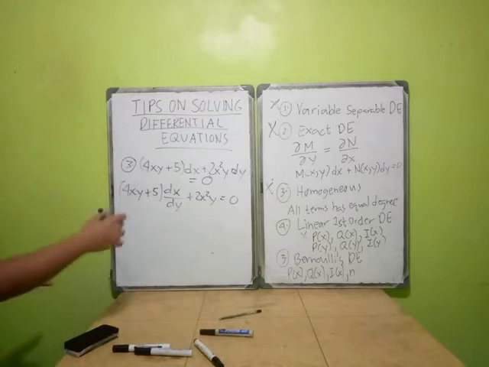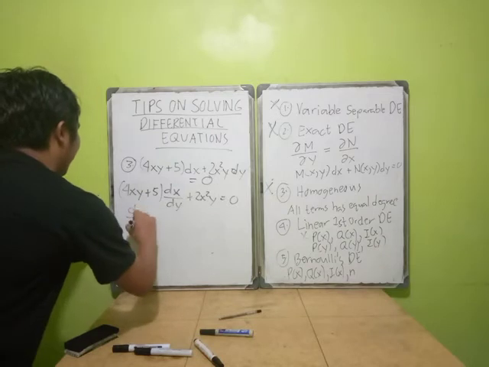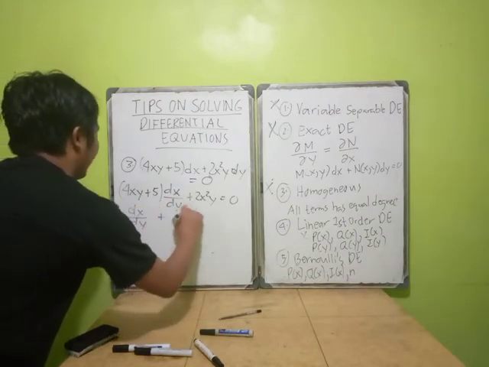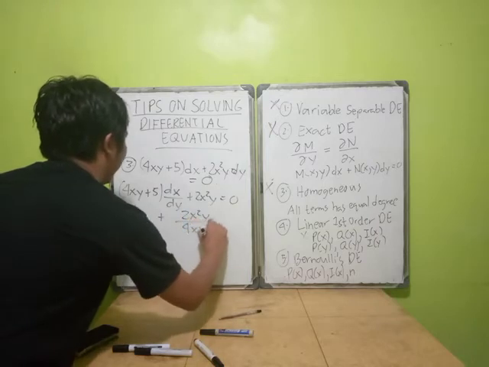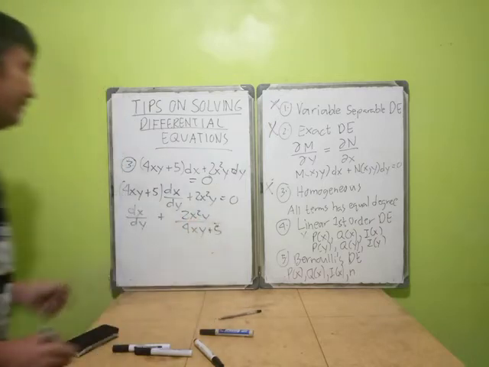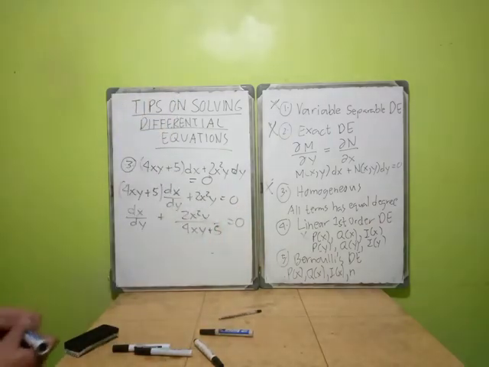Para maging dx over dy yung nauna, magiging ganito na rin siya: 2x squared y over 4xy plus 5, is equal to 0. Sure ba to? Walang kasamang constant dito.